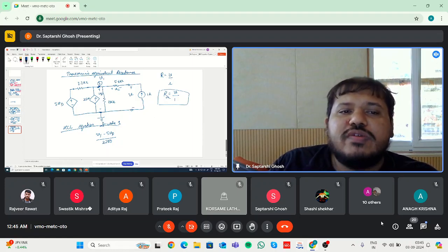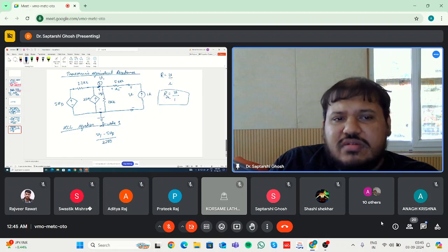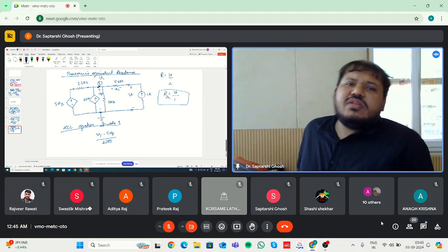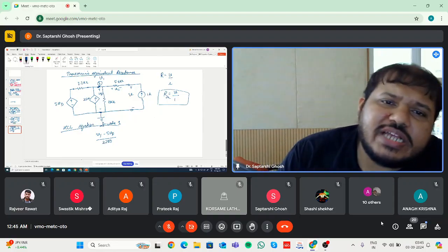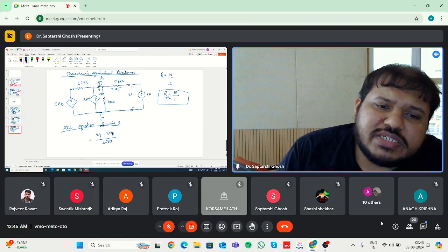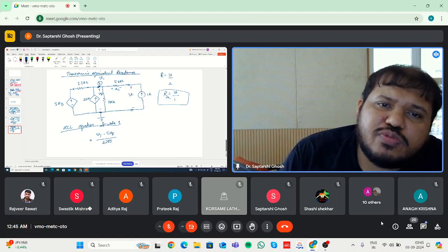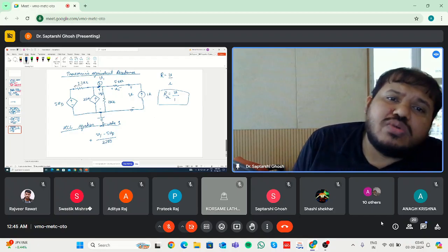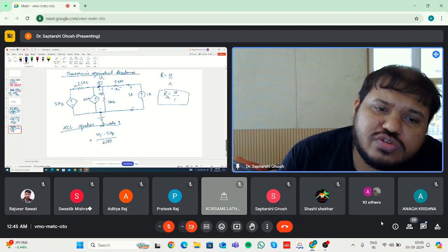But you don't know V1, you don't know VD. But I have already told you to consider this node to be at the highest potential. So this is a plus sign, because if you consider this node to be at higher potential, then current will flow in this direction, and current is going out of this node. So plus sign is there.